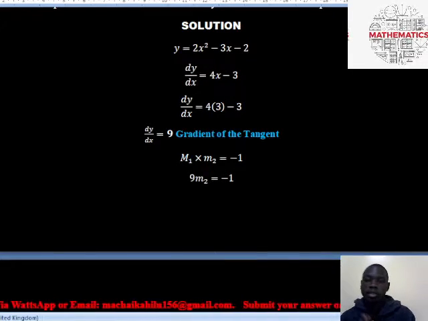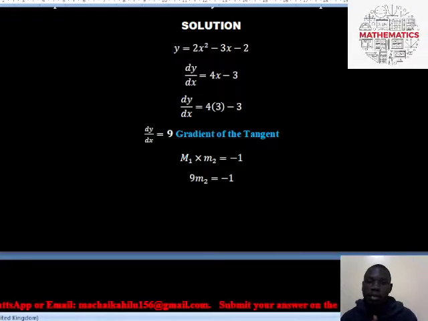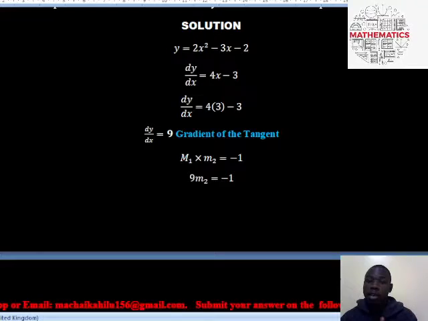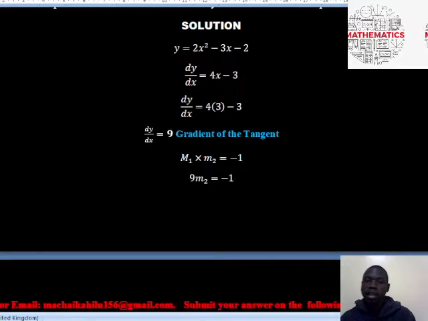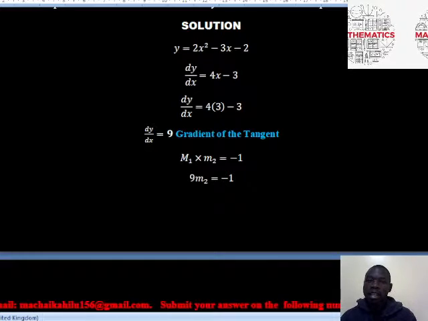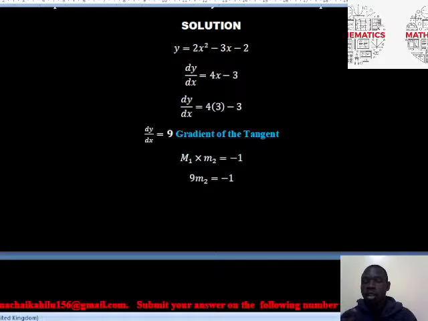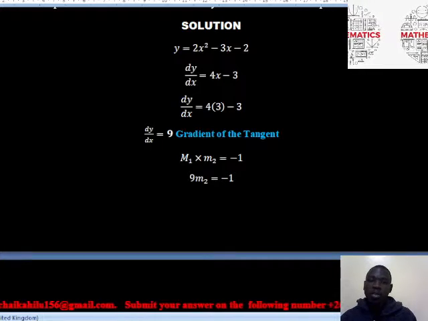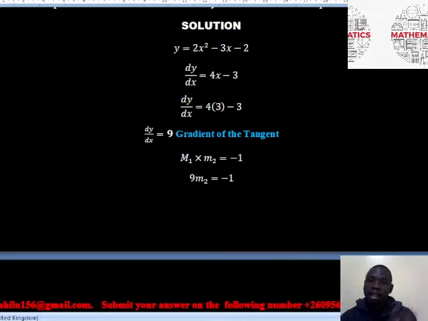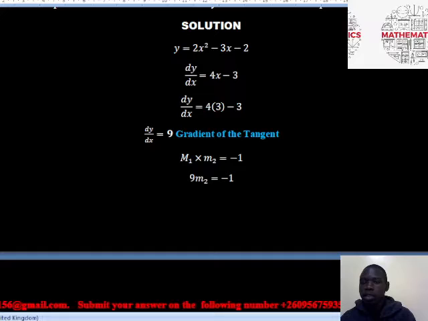That is our solution there. Remember that our equation is y equals 2x squared minus 3x minus 2. That is our equation that we're working with. And they have given us a coordinate, (3, 7), through which the curve passes. Those coordinates represent x and y.